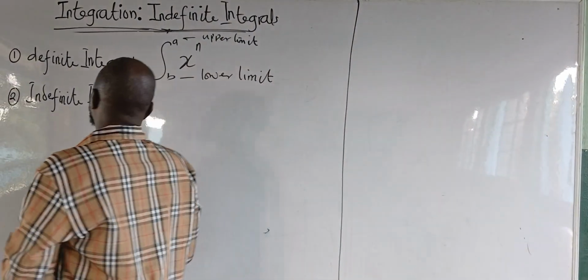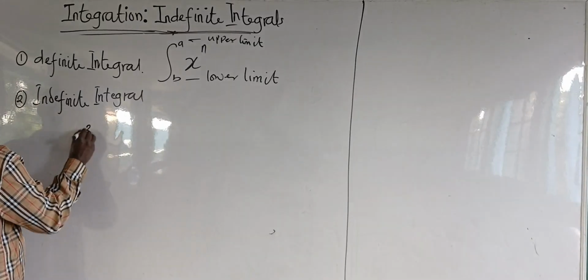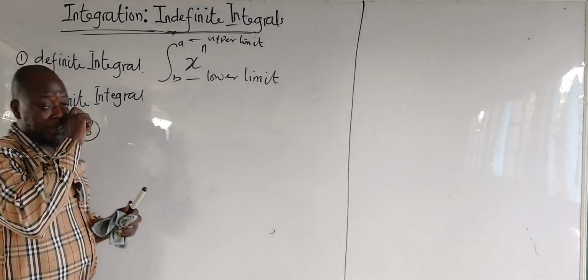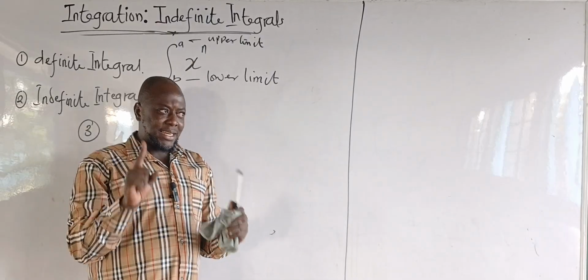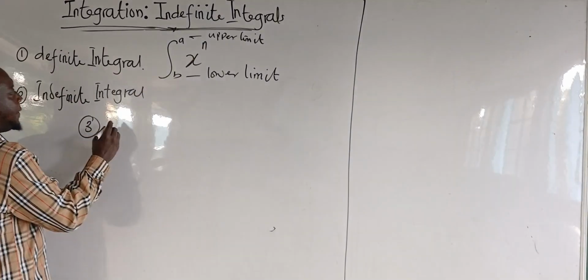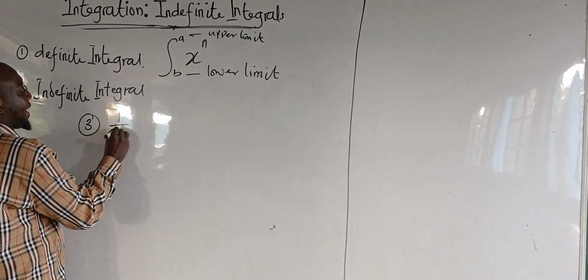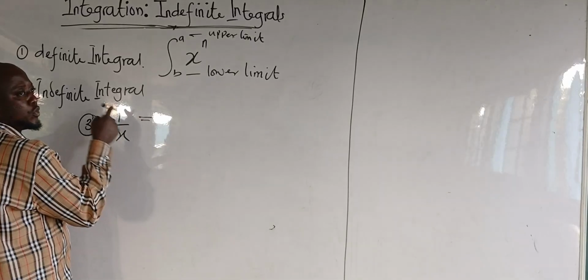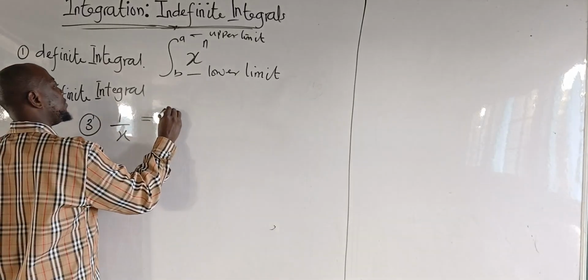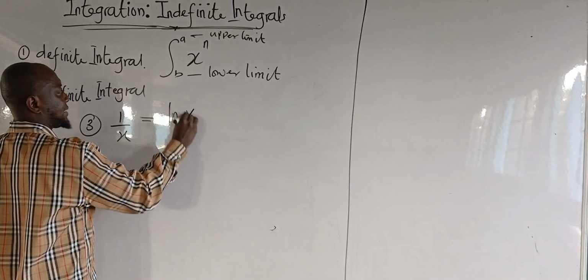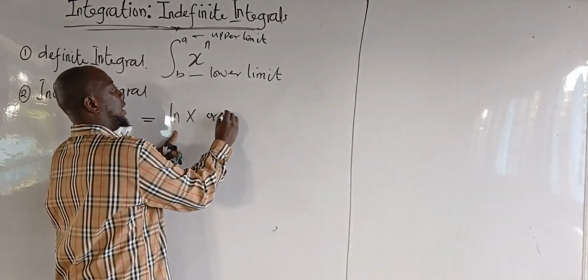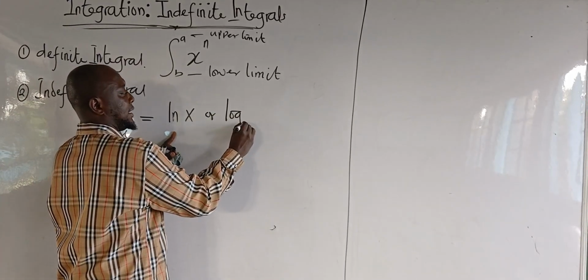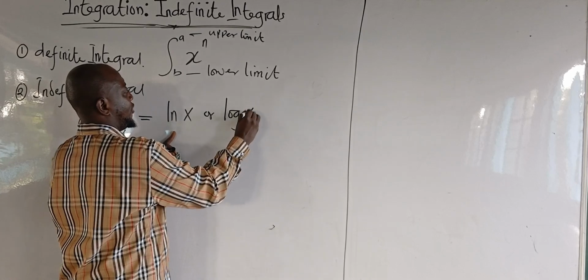So next thing to note, number 3, remember the definition is number 1, the types of integration is number 2. Number 3 is this: wherever you see 1 over x, if you are integrating that, it becomes ln x, or natural log of x.